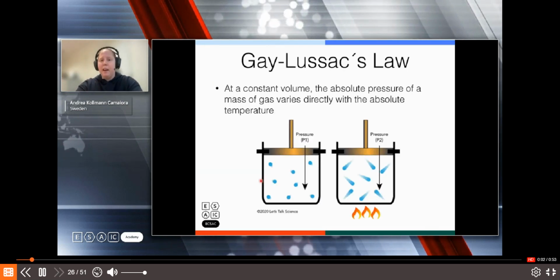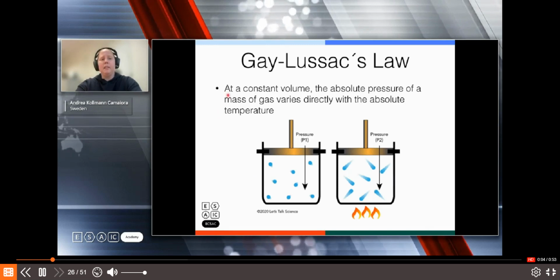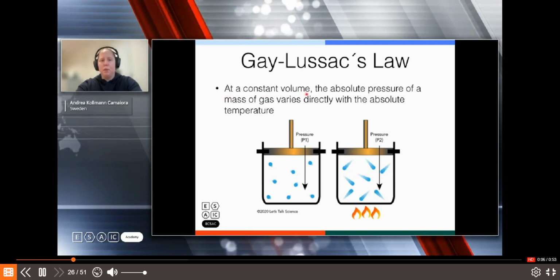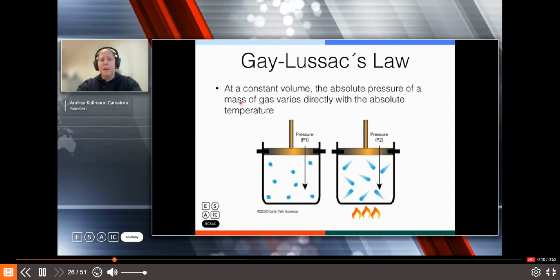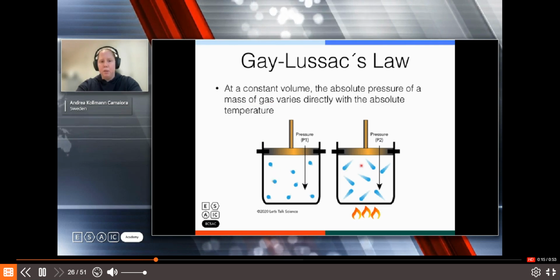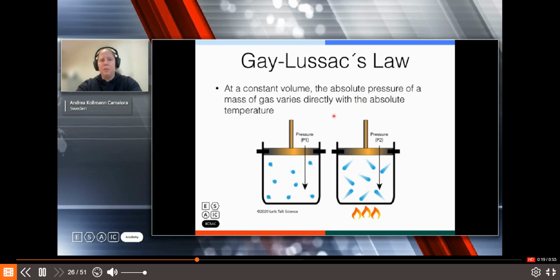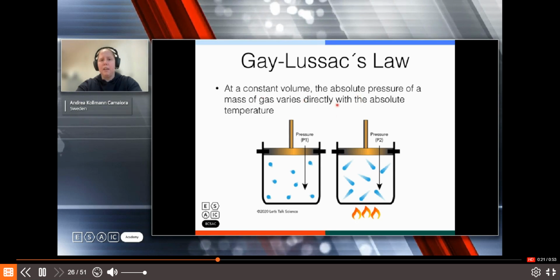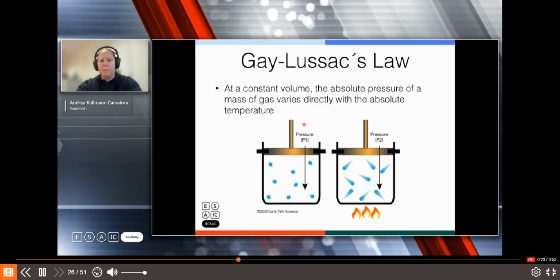And then we have Gay-Lussac's law, which states that at a constant volume, the absolute pressure of a mass of gas, so this is my constant volume here, they have exactly the same volume, varies directly with the absolute temperature.